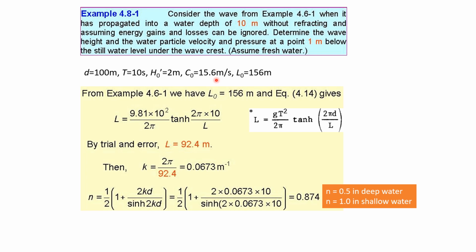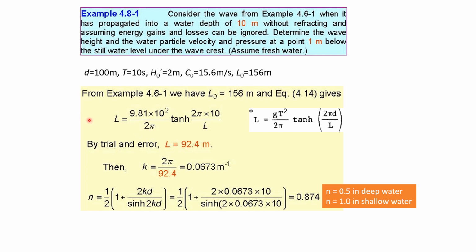Alright, so now this wave has moved to a region where the water depth is only 10 meters. So we are going to apply the general expression for the wavelength from the linear wave theory. So we have L here and we have L here.